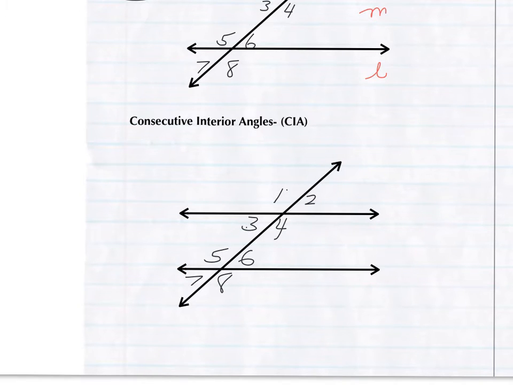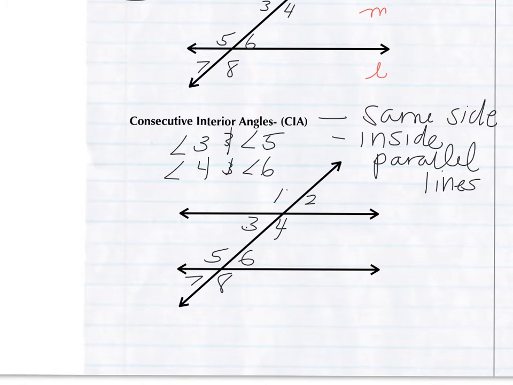So we're talking about angles like angle 3 and angle 5, angle 4 and angle 6. Those are our two conditions for CIAs, as we call them: same side of the transversal and inside the parallel lines.